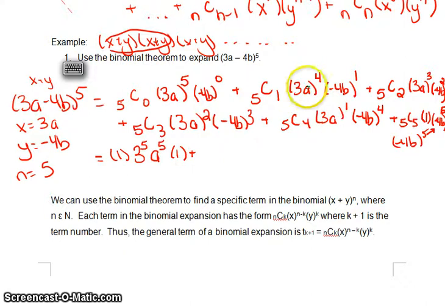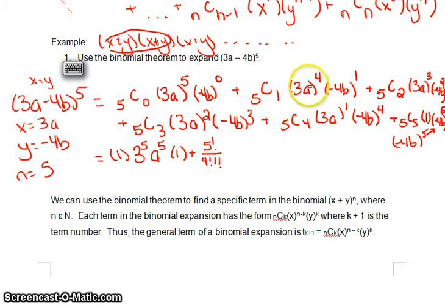Then we're going to add 5 choose 1. If we want to write that out, that is 5 factorial divided by 4 factorial, that's 5 minus 1, times r, so that's 1 factorial.